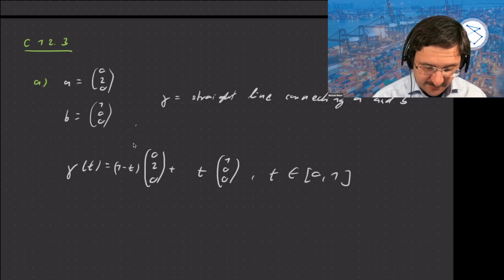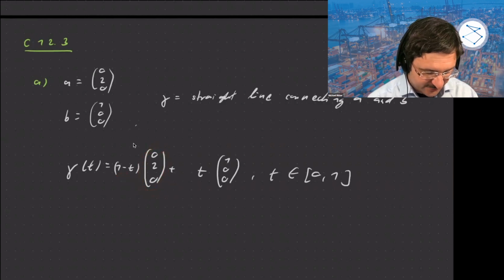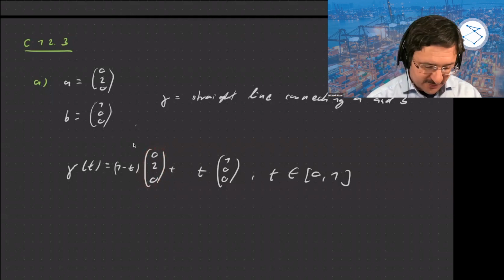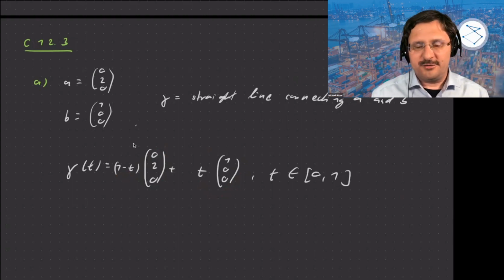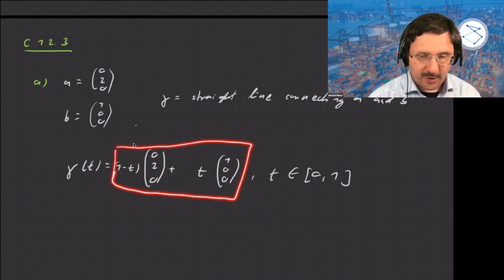Then gamma of 0 would correspond exactly to that point A, right? That's 1 minus 0 times this first point plus 0 times the second one. Gamma of 1 would correspond exactly to the second point, right? That's 0 times the first plus 1 times the second. And anything in between is a combination of those two. So that is exactly how one can parameterize the line, in this case, from A to B.